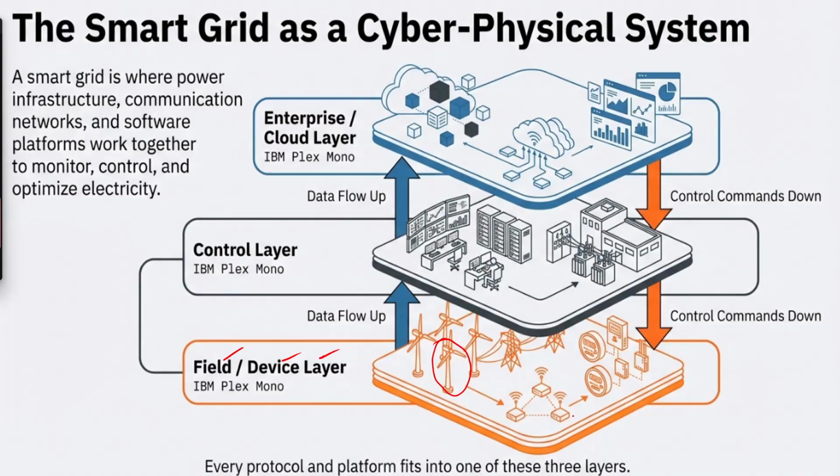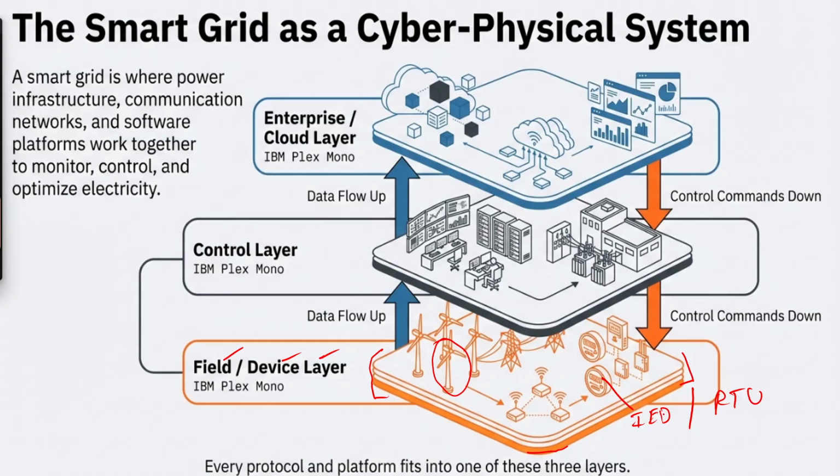So these are all the IEDs, and also we will be having RTUs. These are very key, important components in the smart system, and they are called the field devices, or the device layer. So the bottom layer is called the device layer, right?